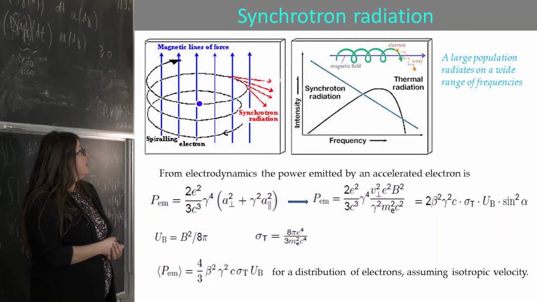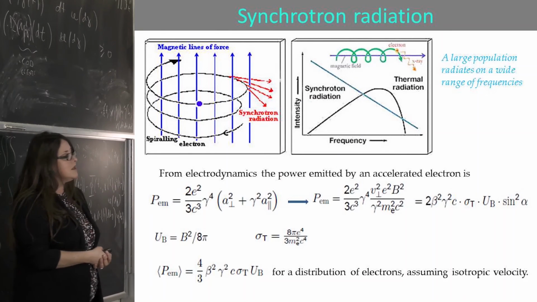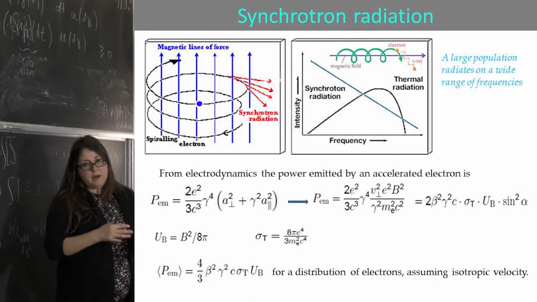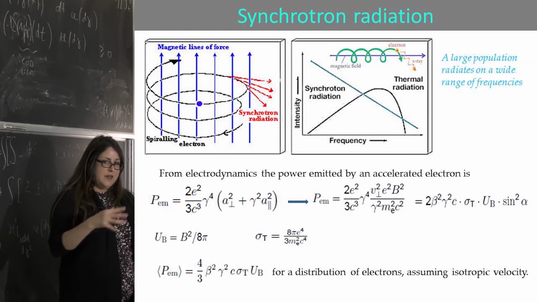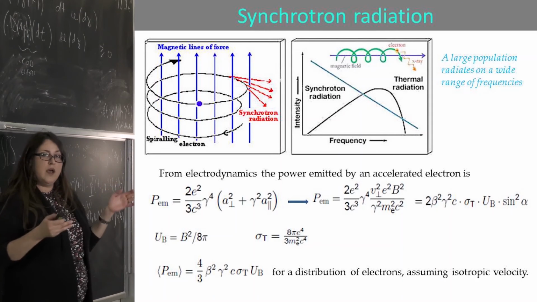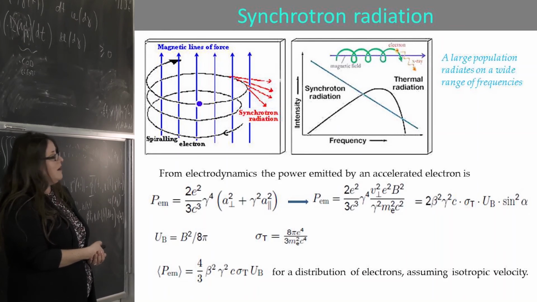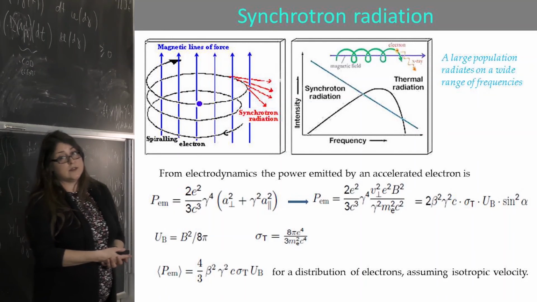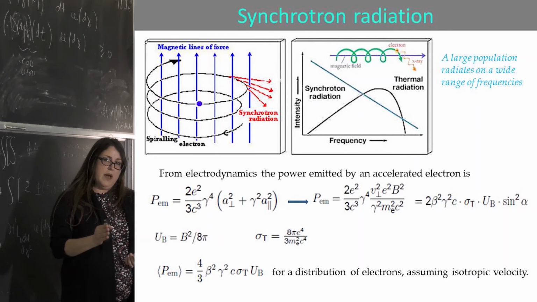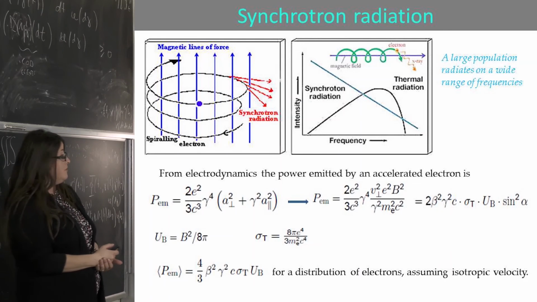Here you can also see the typical shape of the spectrum of synchrotron radiation in the case in which you have a large population of particles. A large population of particles is radiating over a very large range of frequencies. So when you have a distribution of particles, in general, you will have to average over the pitch angles of these particles, which is the angle between the direction of motion of the particle and the direction of the magnetic lines of force.